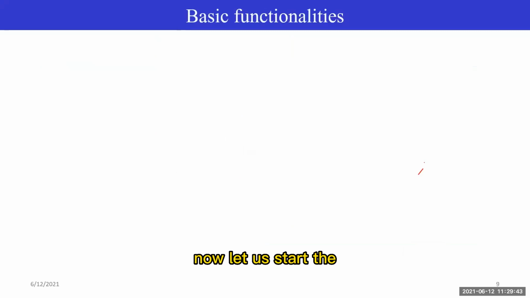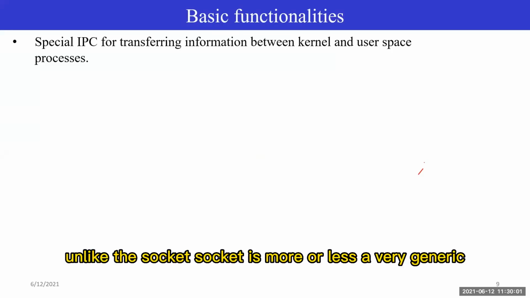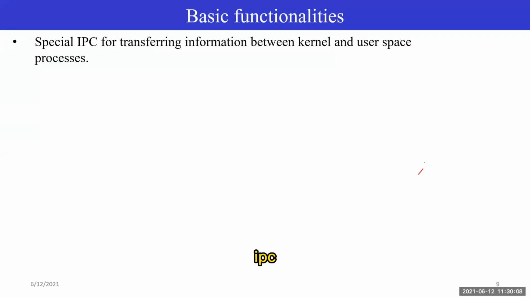Now let us start the netlink part. As I said, this is a special IPC. Please note that the socket is more or less a very generic IPC, which is supported by different operating systems.